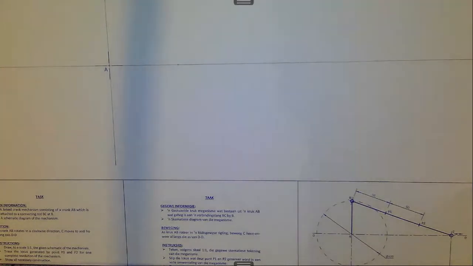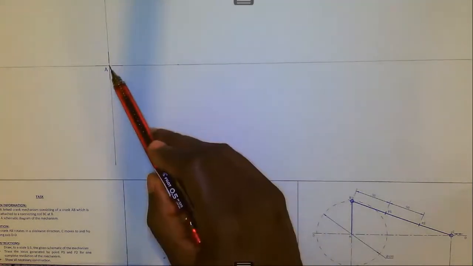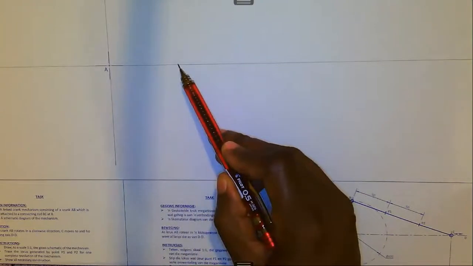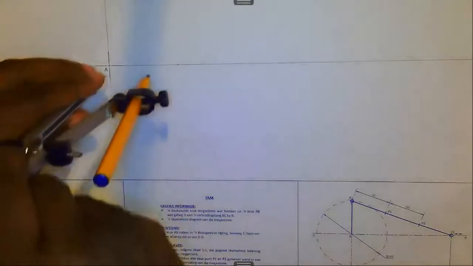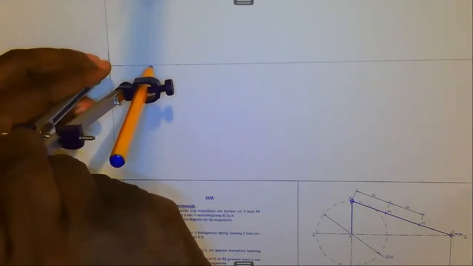So you take your compass, you stand here, and you open your compass to that convenient radius, which is 50.